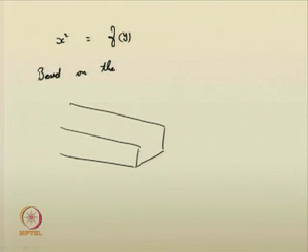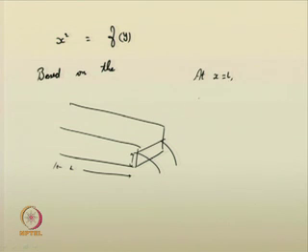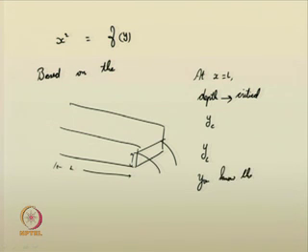So, you know the boundary conditions for the channel. Water is flowing out like this. At x equal to length, the depth is critical. So, let me write it as y c. How do you identify the critical depth y c? Because you know the discharge at the outlet, Q 0 or Q c also you can write.